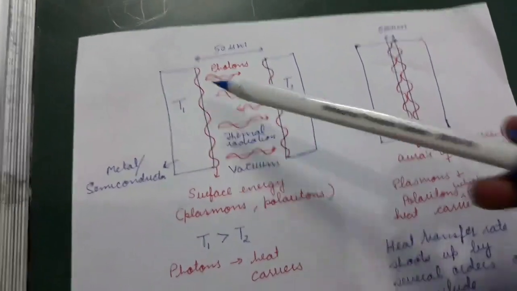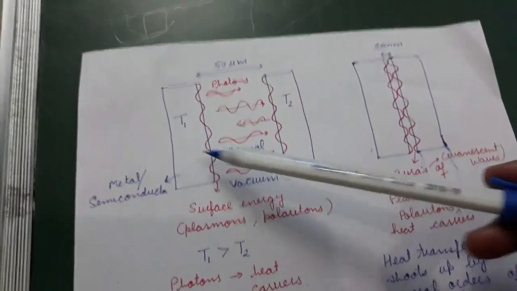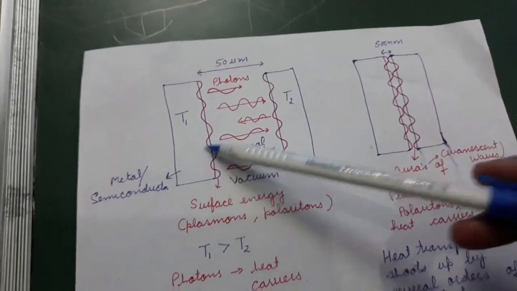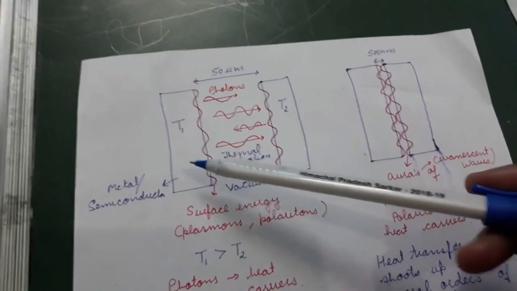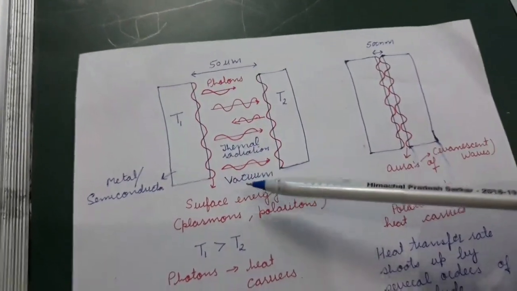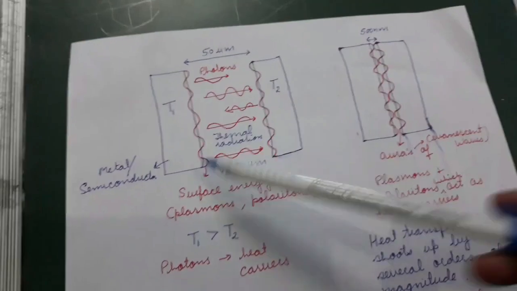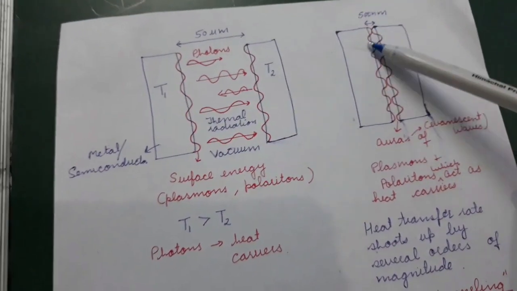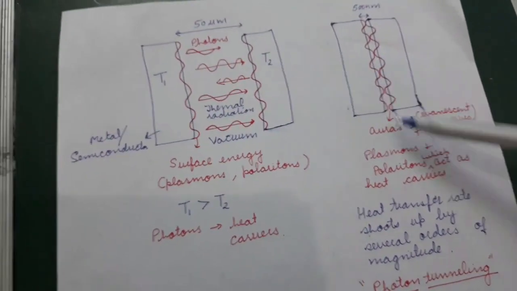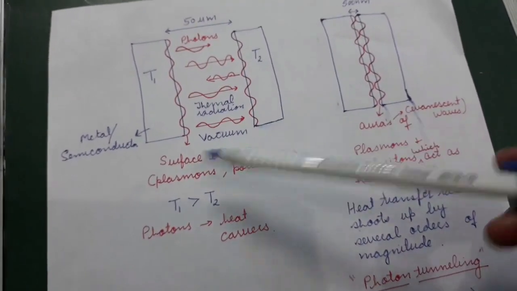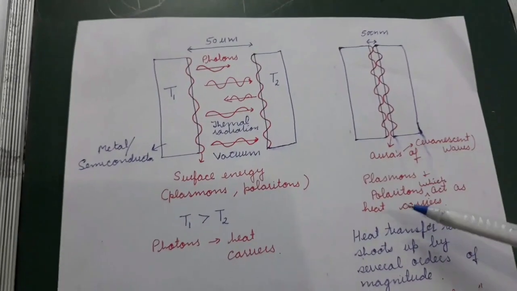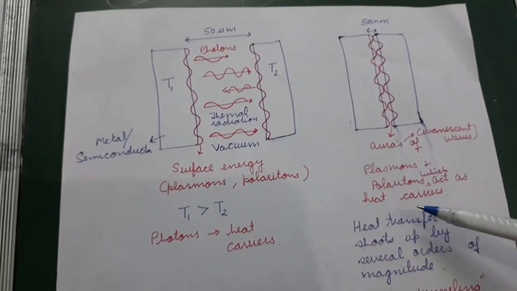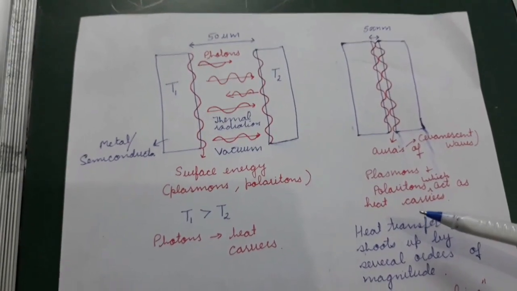If the distance between these two plates, which are at different temperatures, is in the micrometer range, then photons will be emitted from the higher temperature plate, and from both of them, so the heat transfer will take place through photons. But if this distance is decreased to the nanometer range, these auras of plasmons and polaritons, which are called evanescent waves, will actually act as heat carriers.